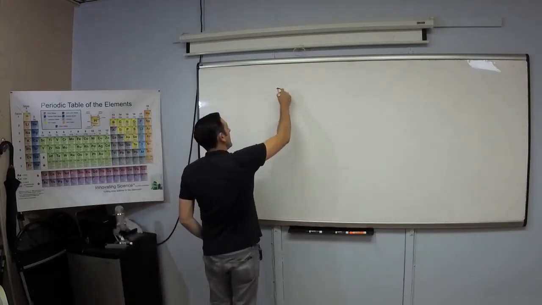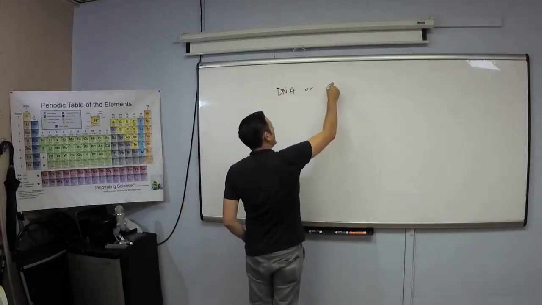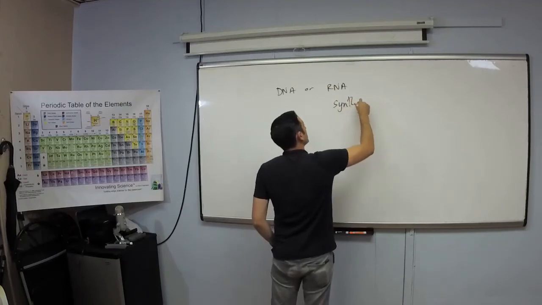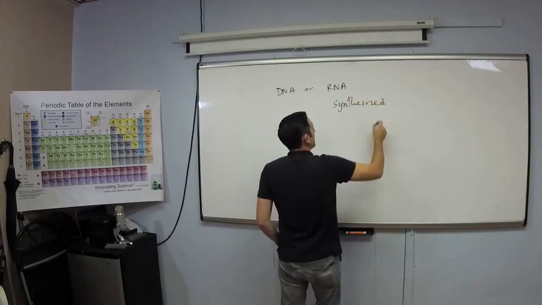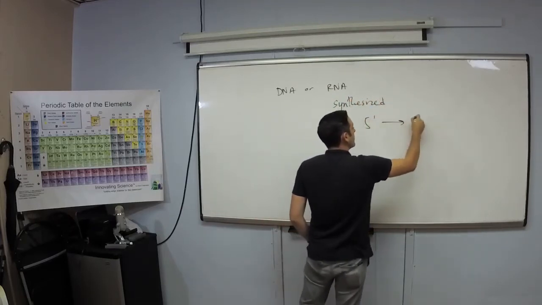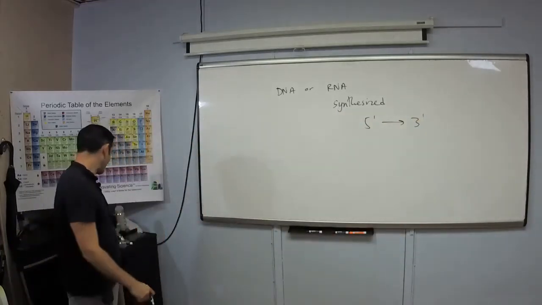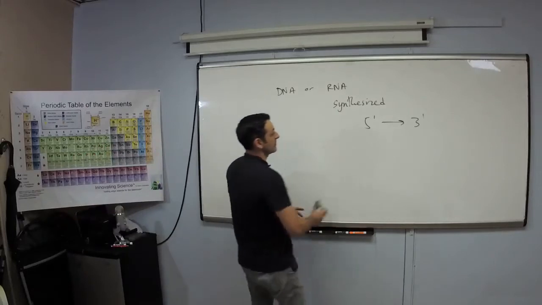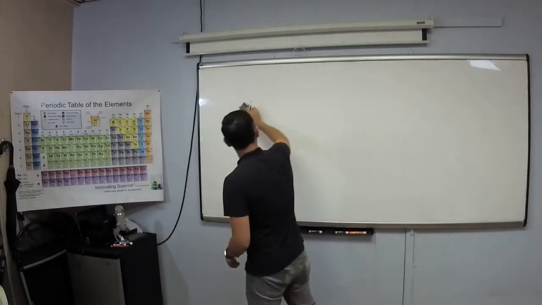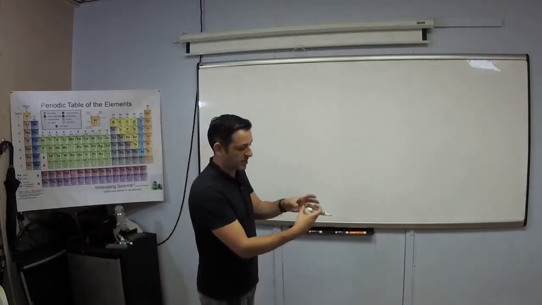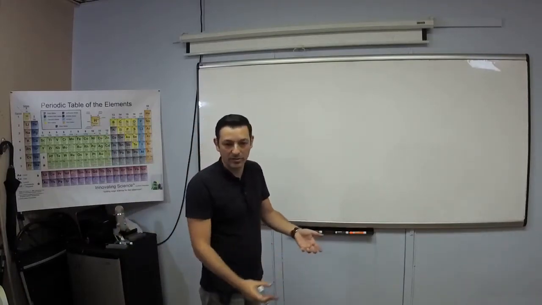Whether it's DNA or RNA, it is synthesized in a 5' to 3' direction. Let's start with the simplest connection between nucleotides, a dinucleotide.